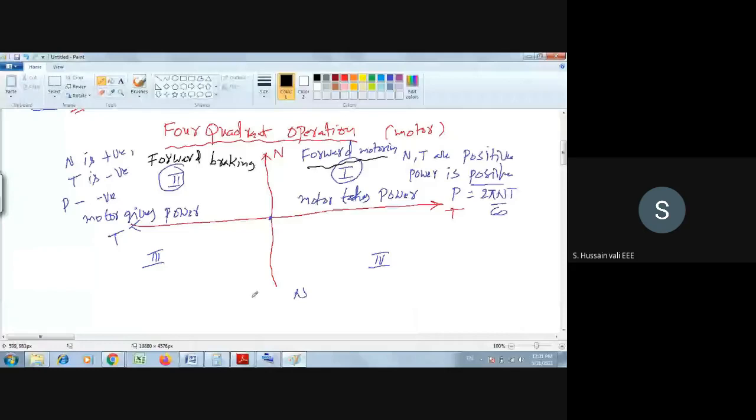So we can call the second operation forward brake. Forward brake in the sense, what we must understand. This we call forward braking. In this case, speed is positive. So the speed of the motor remains in the same direction, but it is giving the power back.